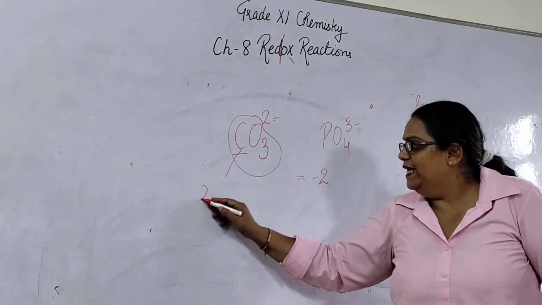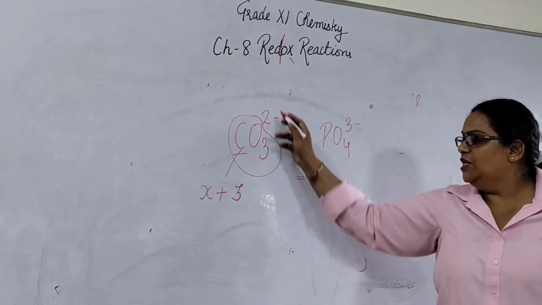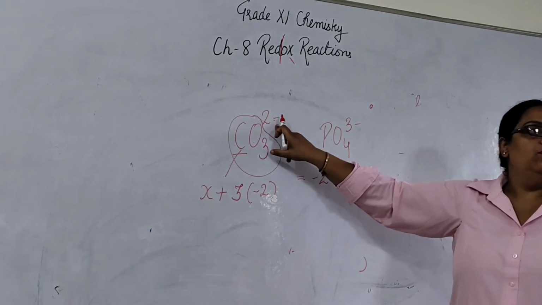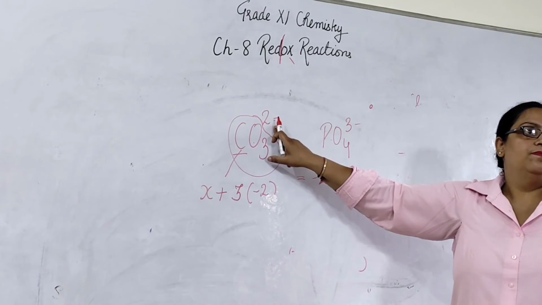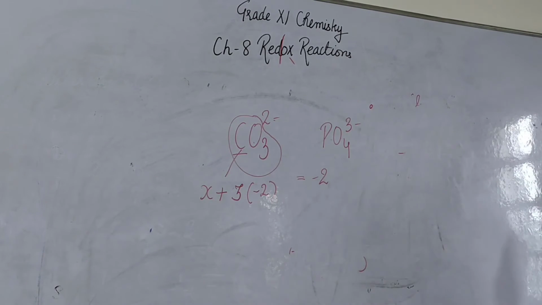I am assuming it X, plus 3 oxygens, the charge of every oxygen is -2. It must be equal to -2, because it is not a neutral compound. So in case of charged species, the sum of the oxidation numbers is equal to the charge on that species. Fine? These are the general rules of oxidation number.